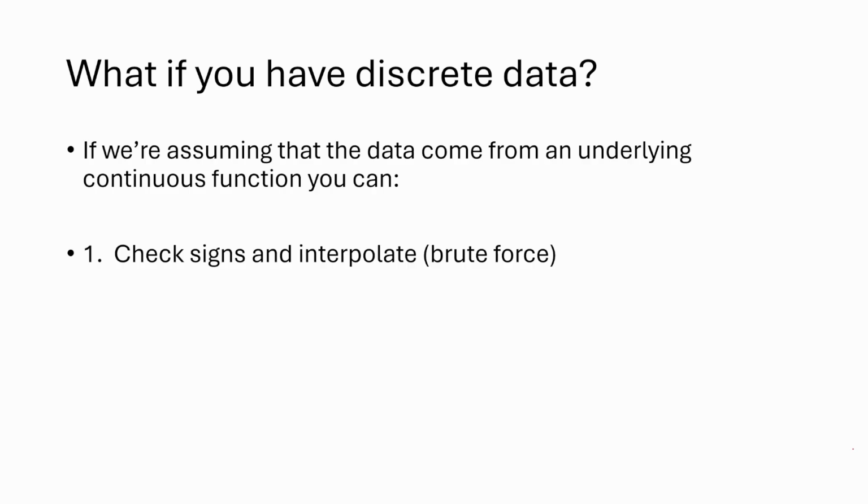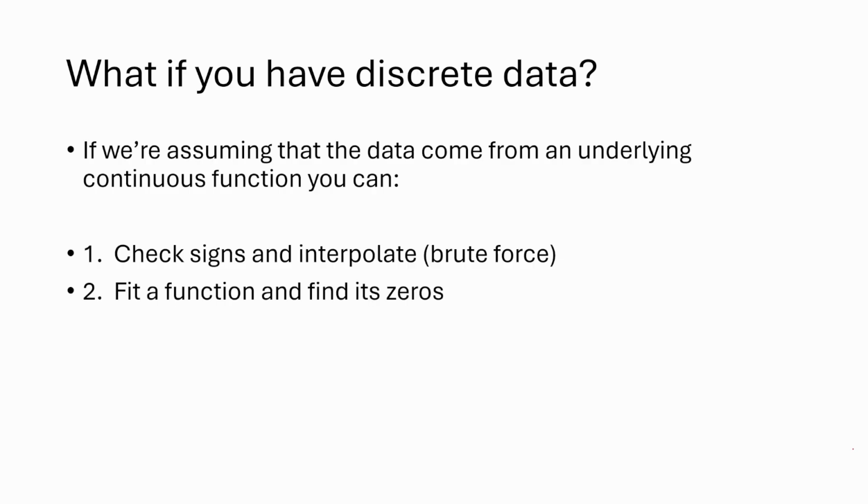Now, the noisier the data are, the more false positives that method is going to turn up. So I'm not saying it's always ideal, but if your data are not too noisy, then this process of just going through all the data points and seeing when the sign changes is very simple. It may or may not be slow depending on the size of the data set.